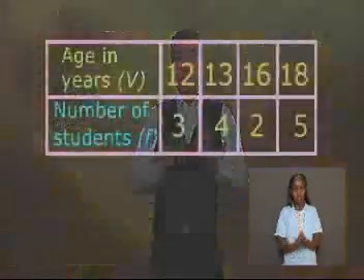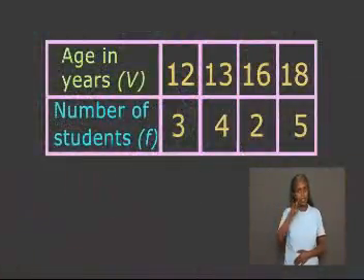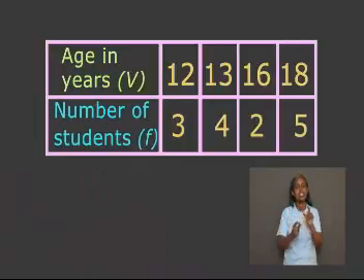Students, let us try one example together. This table shows the age in years of students in a class. In order for us to calculate the mean age of the students, we first need to know how many students are in the class.